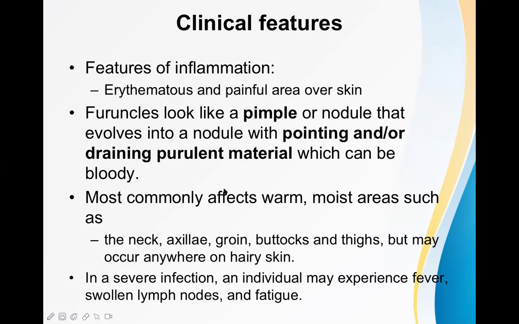Now, which are the common sites where furuncle develops? See there. The neck, axilla, groin, buttock area, and thigh. But it may occur anywhere on the hairy skin because it is attached to the hair follicle. So wherever there is hairy skin, furuncle can occur.